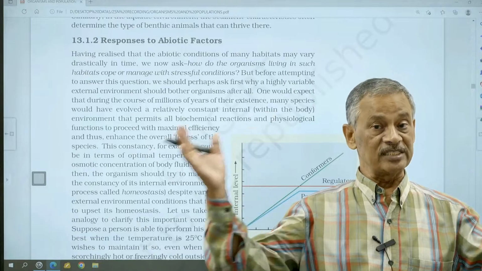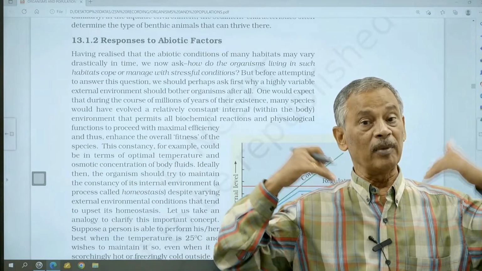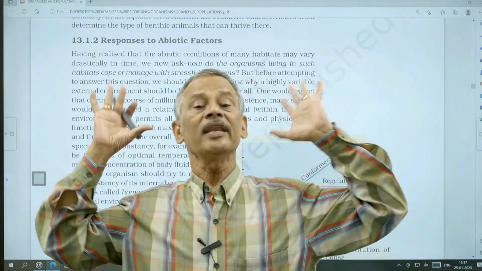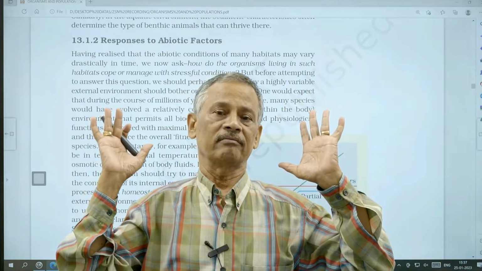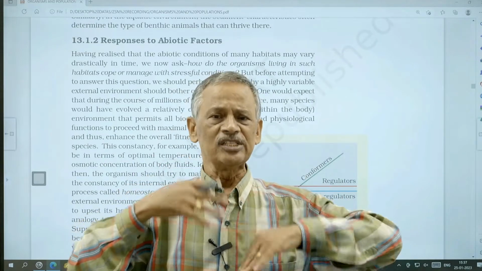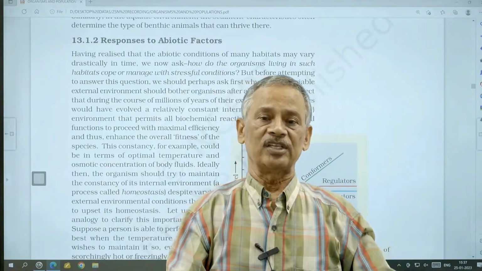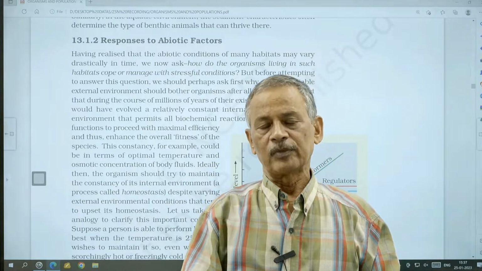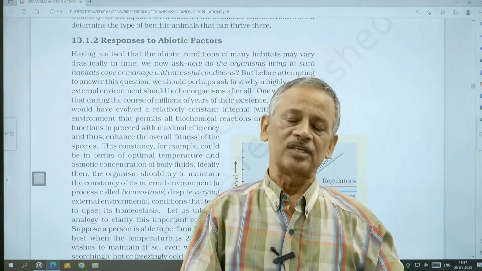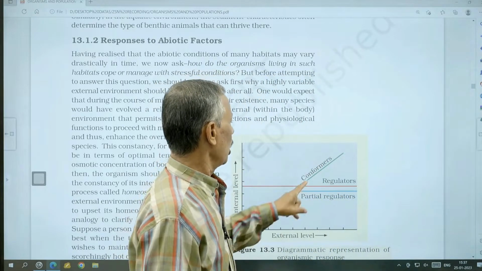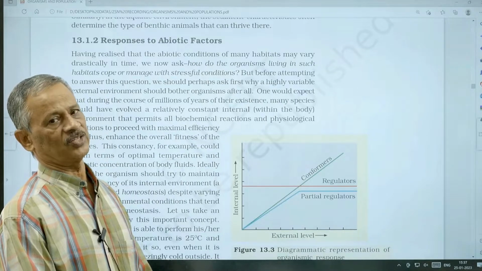Whatever may be the changes that are occurring outside, they will be maintaining a constant and steady internal environment in a dynamic condition. The condition may be changing, but anyhow, they maintain a consistency. That ability to maintain a constant, steady, dynamic internal environment is called homeostasis.